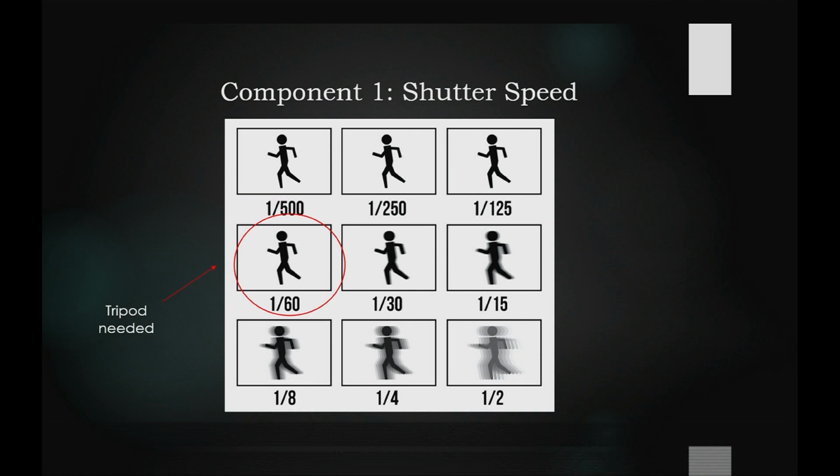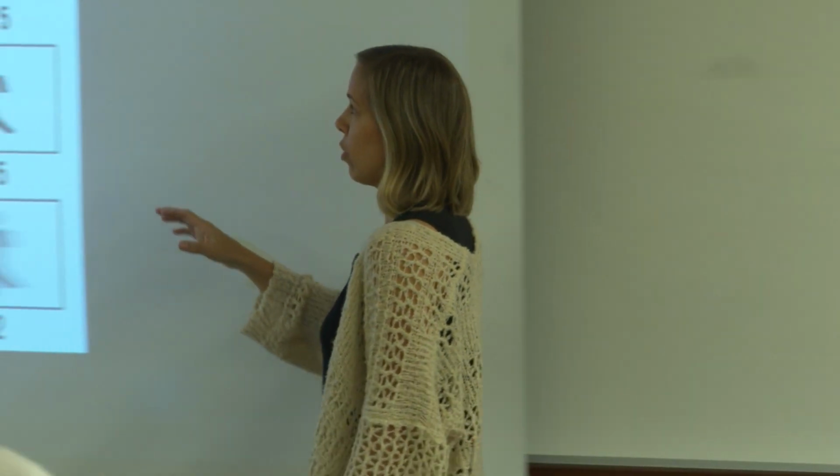So here, this is supposed to be a person running. The longer the camera is open, the more motion blur. And so here's 1/250. Obviously in this you can't see the difference, but at 1/60th of a second, most people use a tripod, because just holding the camera with your hands, the little bit of camera shake that you can get from trying to hold it still can blur your photo.